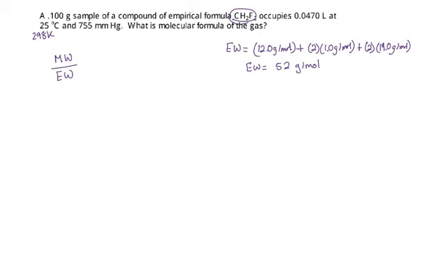So since this is a gas, I can use my manipulation of the ideal gas law, the one to solve for the molar mass or the molar weight. Molar mass is mass times RT over PV. So then that's equal to 0.100 gram sample times R. Now since my pressure here is millimeters of mercury, I'm going to use 62.4 millimeters of mercury times liters over mole Kelvin.